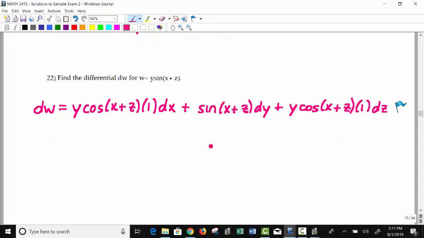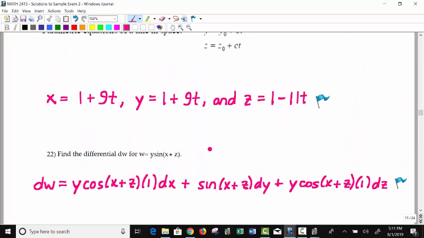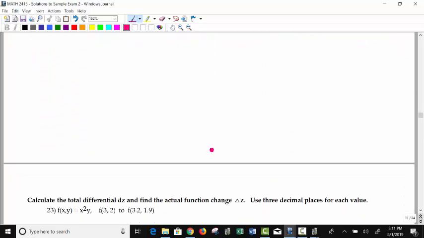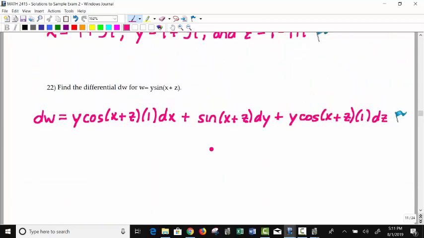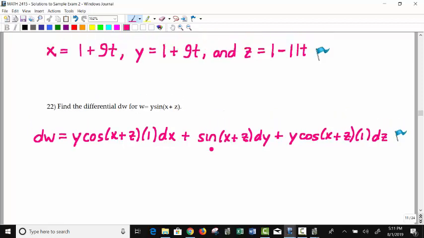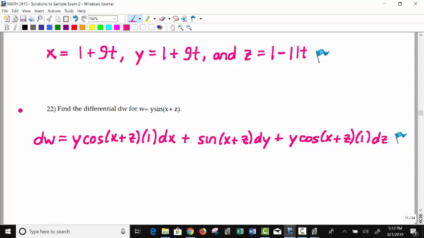Find the differential. So it's w with respect to 3 variables.